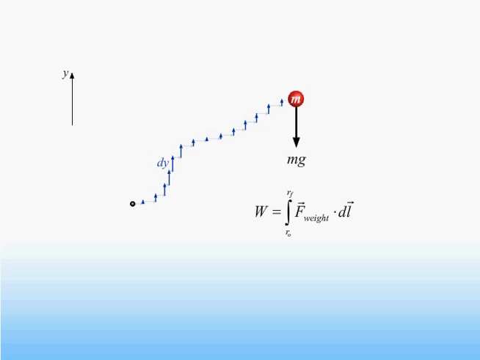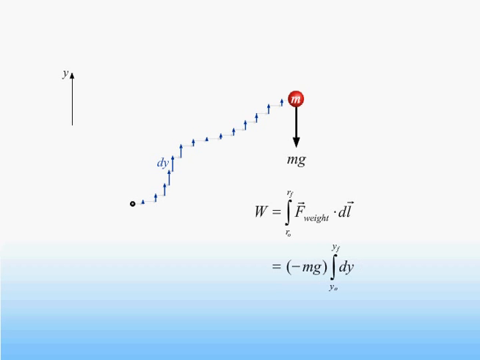Therefore, the total work done by gravity along this path is just the sum of the work done by gravity along the vertical segments. Since the force, the weight, points down and the vertical segment, dy, points up, the dot product of these two vectors is equal to minus mg times dy.